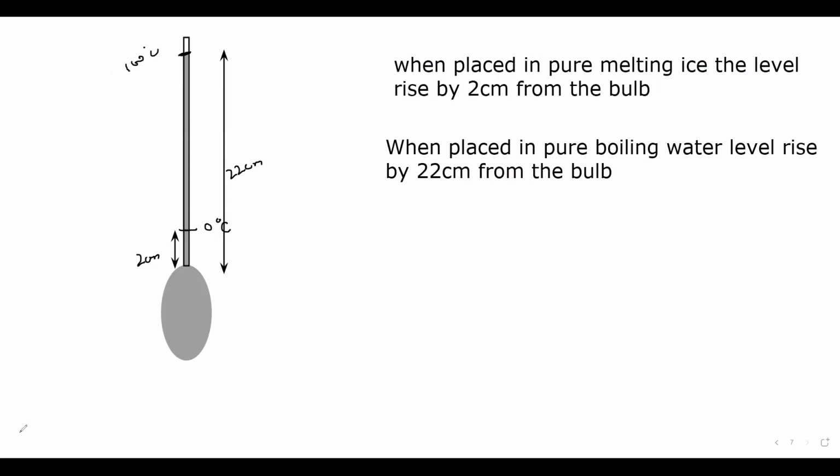So what is the difference between 0 and 100 degrees for this thermometer? What is the difference between 0 and 100 degree? That is 20. That's right. So it means that 100 degrees is equal to 20 centimeter.